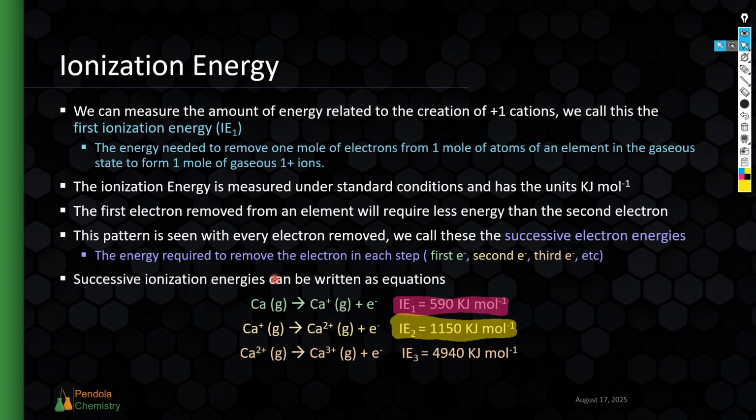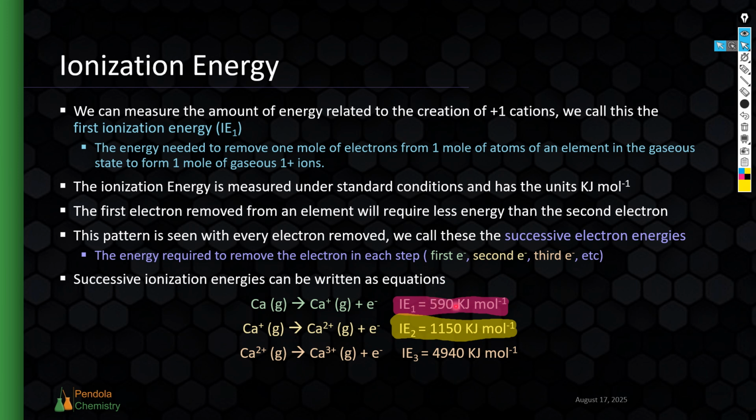So it is very important to note that there is a pattern with removing electrons from an element. We call these the successive ionization energies, which are the energies required to remove the electrons in each step. So removing the first electron, removing the second electron, the third electron, so on and so forth. Removing the first electron makes calcium go from calcium gas to calcium 1+ gas, plus the electron.